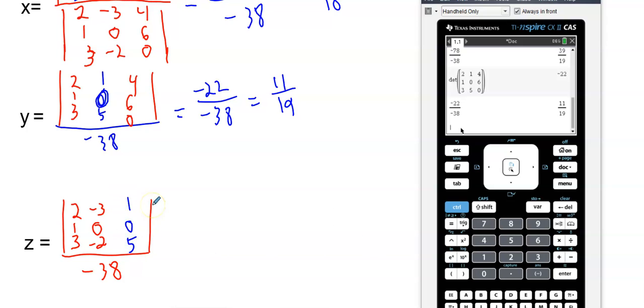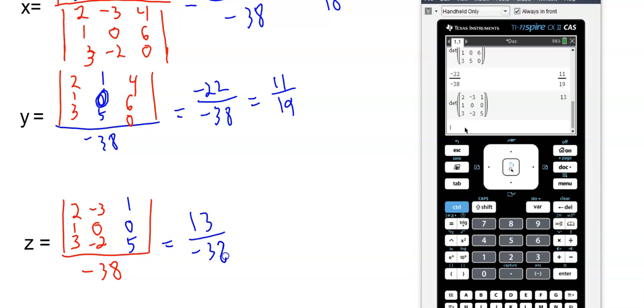Okay, so let's type that in. Determinant of 3 by 3, 2, -3, 1, 1, 0, 0, 3, -2, 5. So this is 13 over -38. I don't think that really simplifies there, so that's a prime number up there.